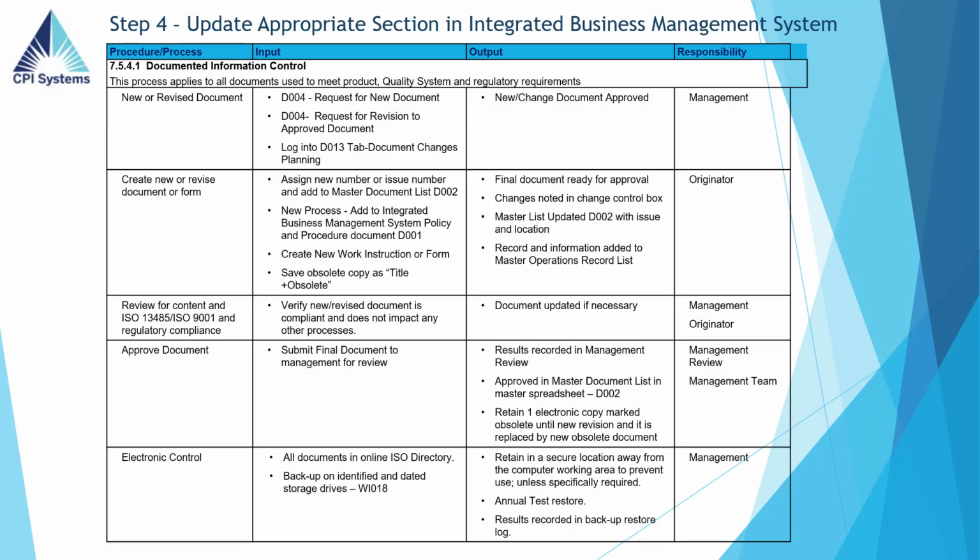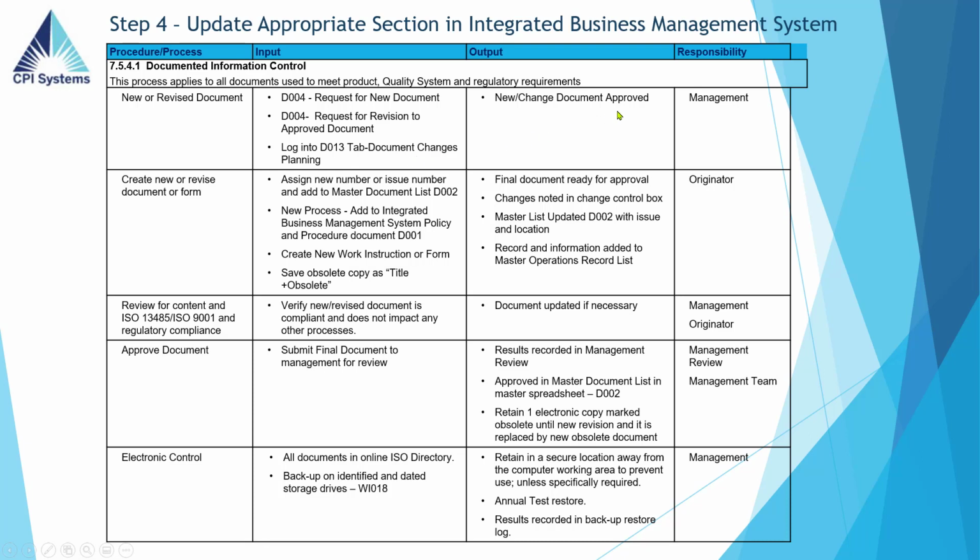From that point, I go to the actual table that has the inputs and the outputs. So you could see these are the procedure or the process. What are we doing? The steps. In here, I put down what the inputs are. In this case, D004 is an input for a new document. And then they have to log in their changes and planning on another document.